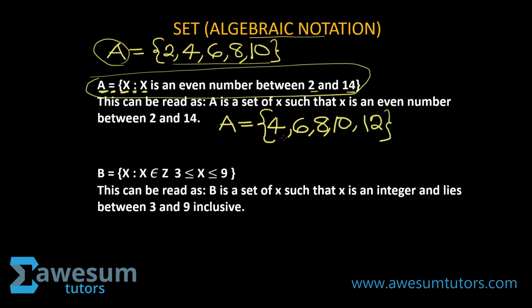So that is how you interpret such an algebraic expression. Again, this means A is a set of X such that X is an even number between 2 and 14. And now we have been able to list out the members or the elements of this set A.